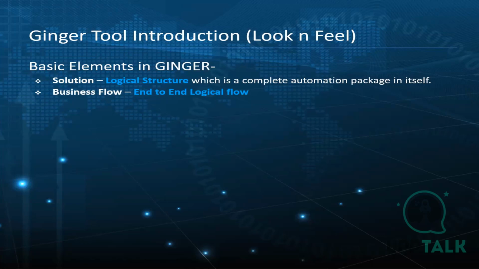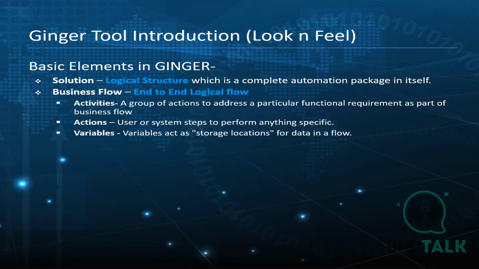Maybe in your project you create a customer and the whole customer journey is your end-to-end business flow. That's why we call it a business flow, because it's an end-to-end flow, and this business flow contains three sub things, that are the activities, the actions, and the variables.